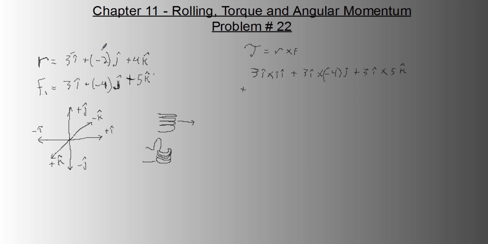So plus negative 2j crossed with 3i, plus negative 2j crossed with negative 4j, plus negative 2j crossed with 5k.